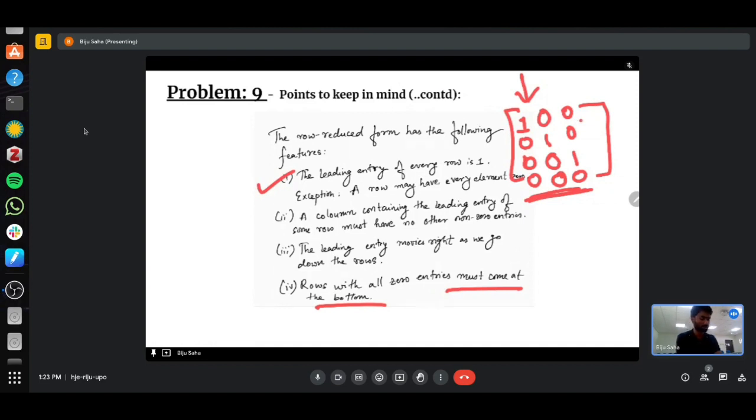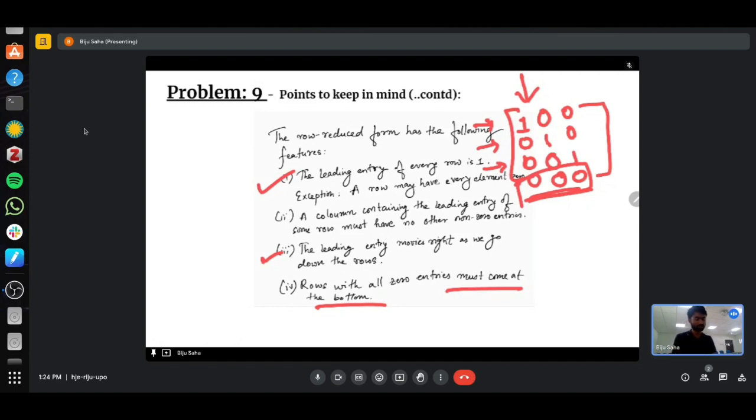It always has to be the bottommost row. And as property 3 says, the leading entry moves right as we go down the rows. As we move from the first row to the second to the third, the leading entry 1 moves in the right direction. So these are the features of the row reduced form.